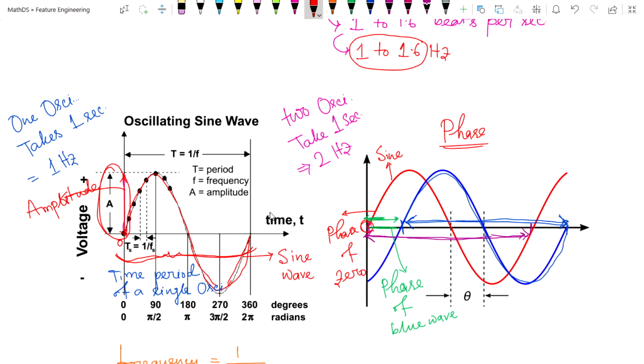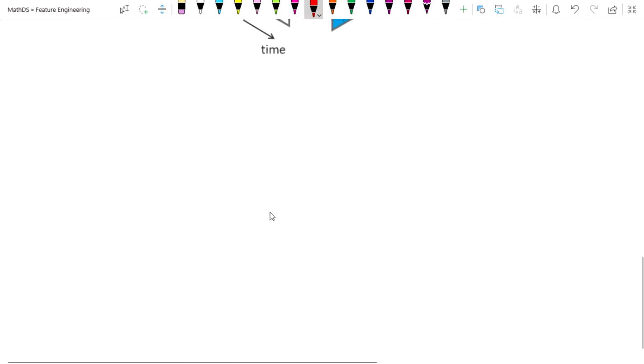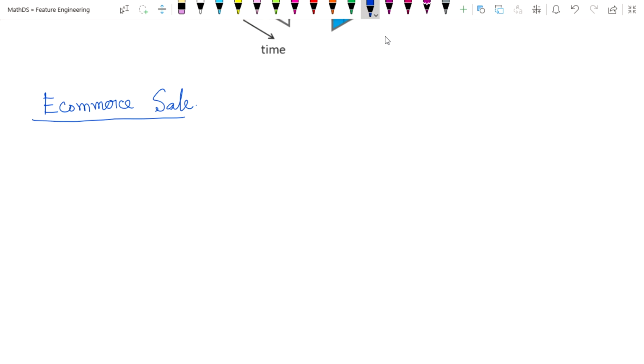Okay, so now let's try to understand through a practical example in which situations we see this kind of pattern. Just take an example. Suppose we take an e-commerce website like Amazon or Flipkart. If you plot e-commerce sales over time, they have a daily pattern, a monthly pattern, and an annual pattern.